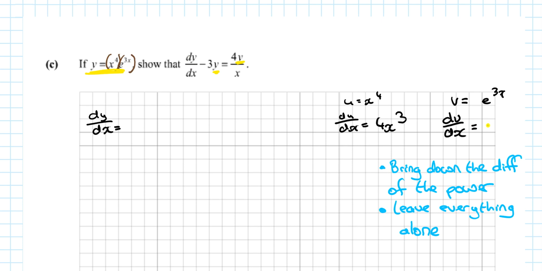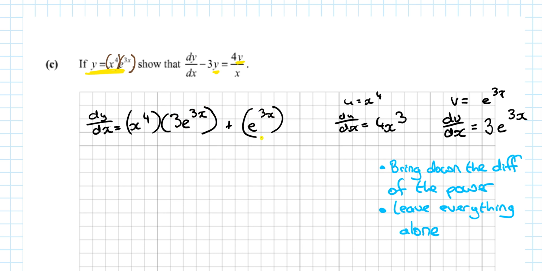So the differentiation of the power here would just be 3, and then leave everything alone means write it all out again. And now we're going u, which is x to the power of 4, by dv, which is 3e to the 3x, plus v, which is e to the 3x, by du, which is 4x cubed.